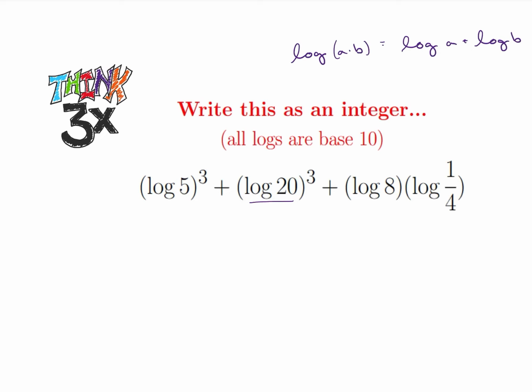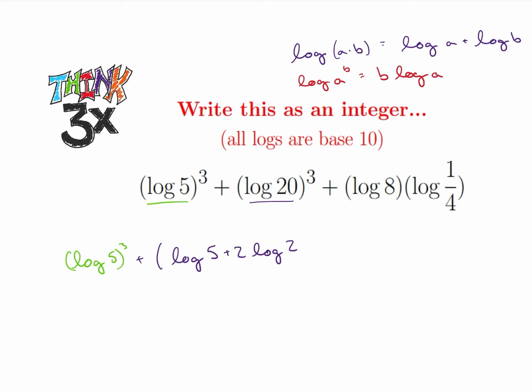So I'm going to rewrite my whole expression. I'm just going to leave this as log of 5 cubed for now. I'm going to rewrite my second expression as the log of 5 plus 2 log of 2. Our second log rule is that log of a to the b is equal to b log of a.